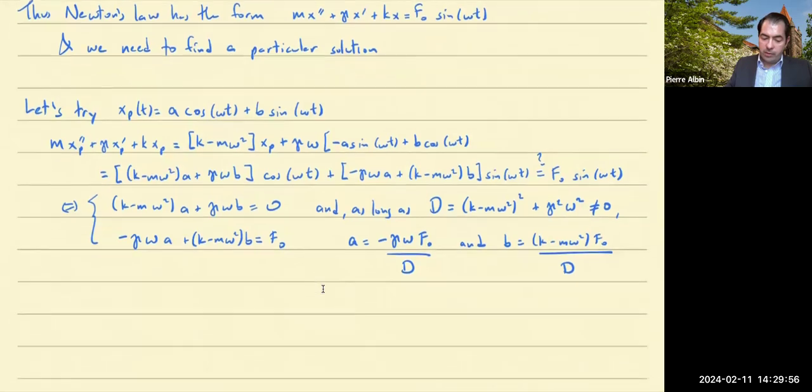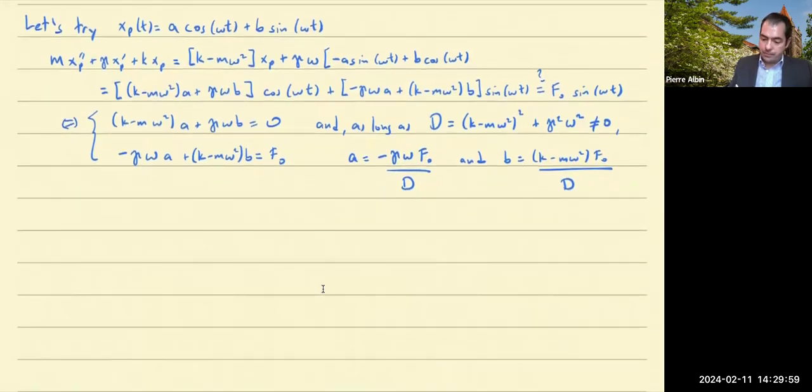And so we can write down our particular solution. Right, xp of t.